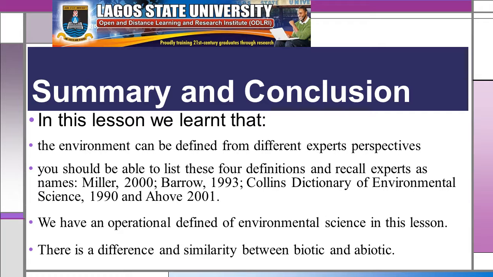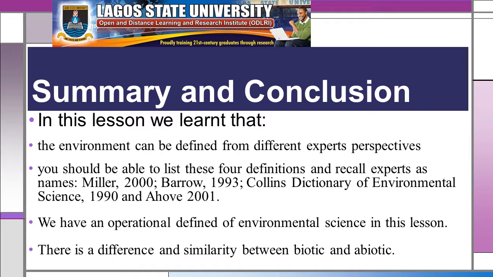But the 5th definition came as an operational definition that we all agreed on. So we have 5 definitions in all from 4 experts and an agreed definition, an operational definition we also gave in this lesson. And we recall Blessing, one of our students, also gave a definition.